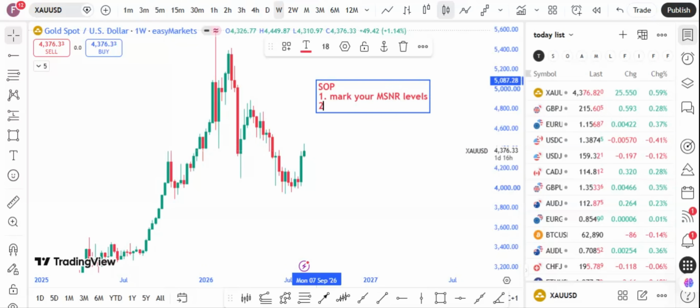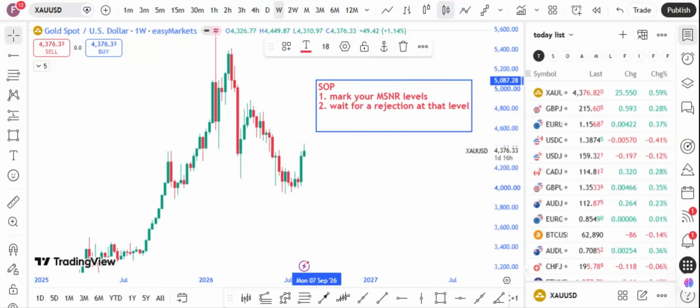Then two, you wait for a reaction at that level, a rejection. That's what you should look out for, a rejection.